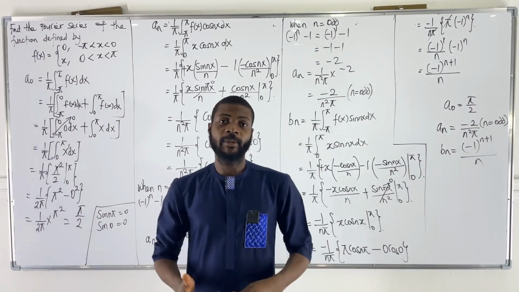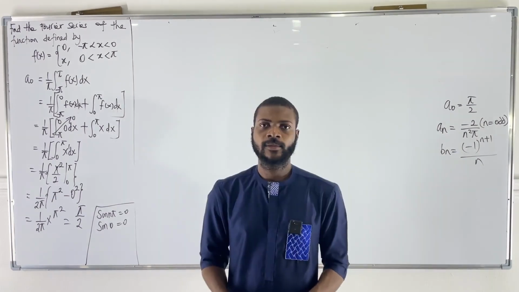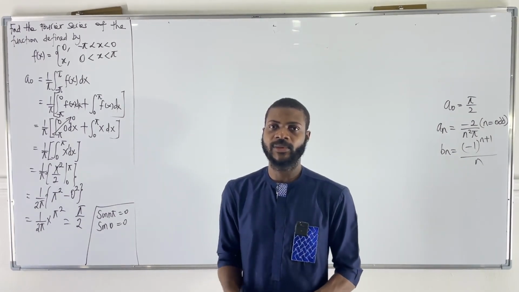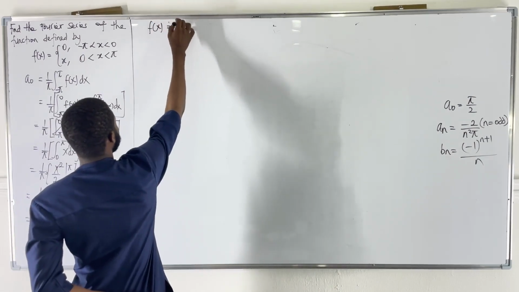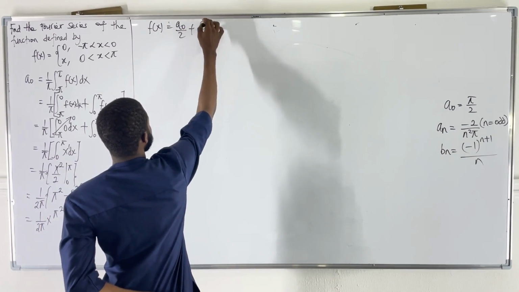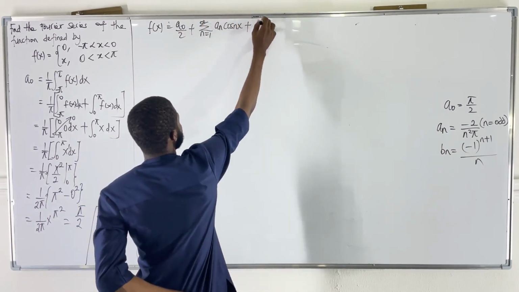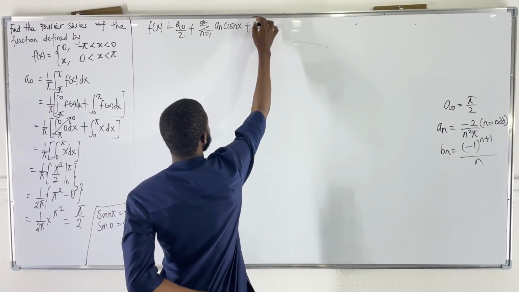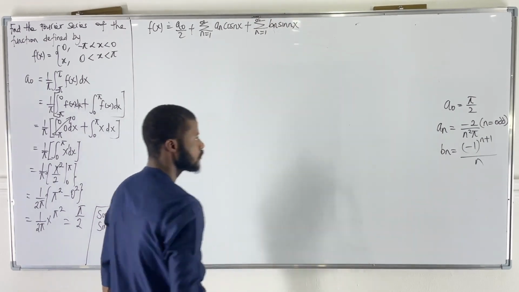So let me wipe the board and find the Fourier series expansion. So to find the Fourier series expansion, we're going to say f of x is equal to a naught over 2 plus the sum from n equal to 1 to infinity of a sub n cos nx plus the sum from n equal to 1 to infinity of b sub n sin nx.